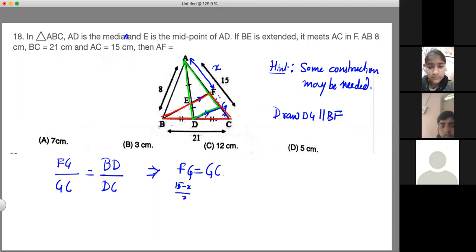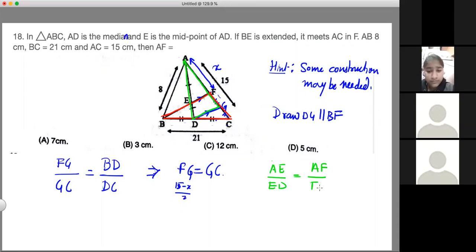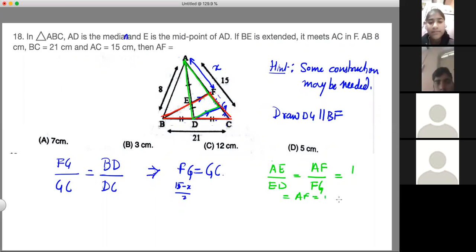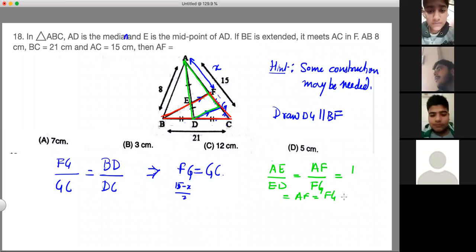See, in this also, because these two lines are parallel, using BPT we can say AE by ED is equal to AF by FG. And AE is equal to ED. So these are also equal. So we will get AF is equal to FG, which is equal to GC.